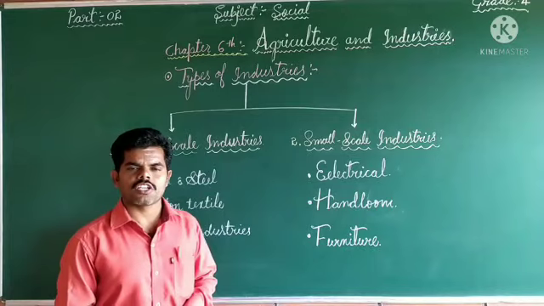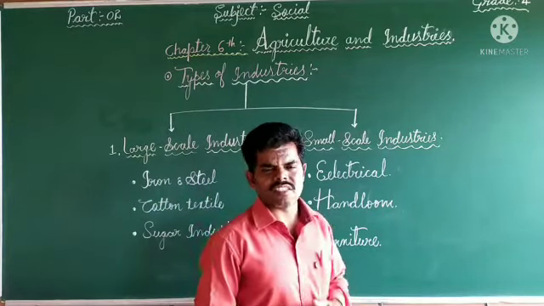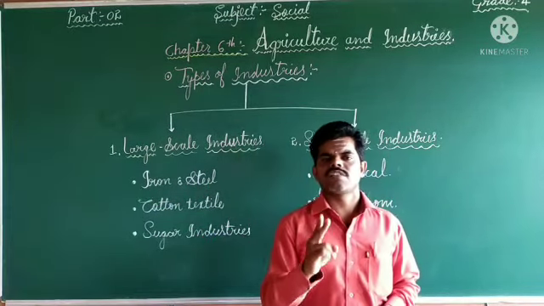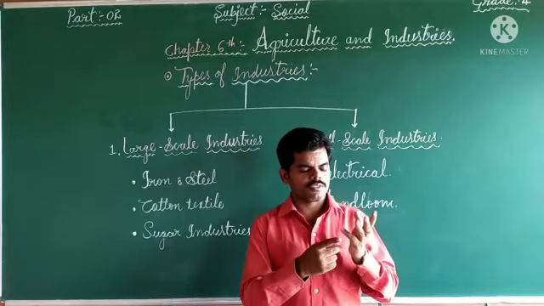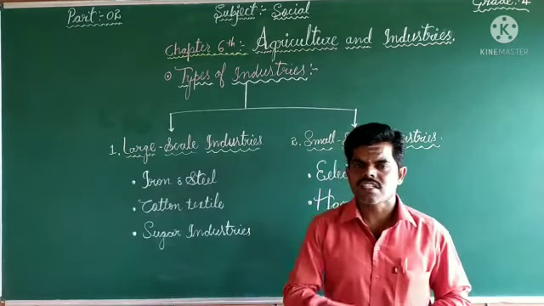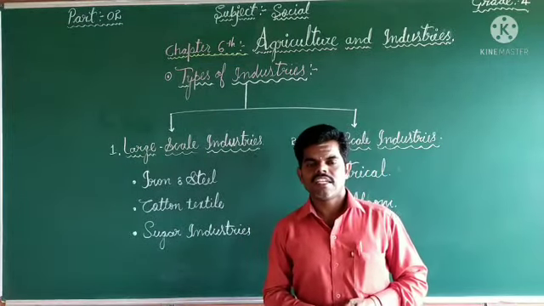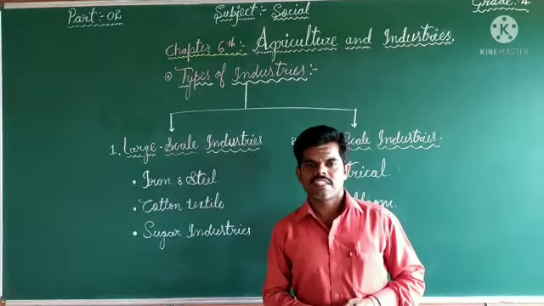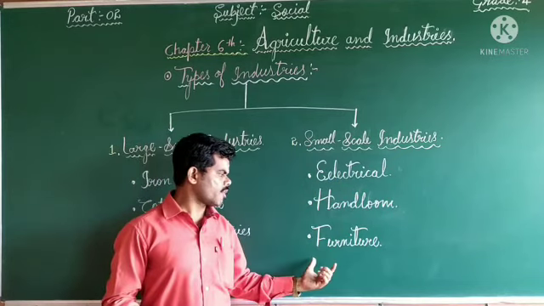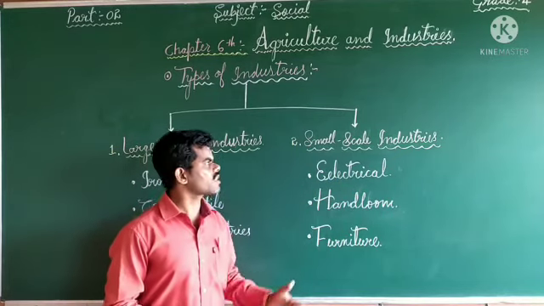Did you get the point, dear students? On the basis of size, we can classify 2 types. The first one is large scale industries and the second one is small scale industries. Examples of large scale industries: iron and steel, cotton textile and sugar industries. And examples of small scale industries are electrical, handloom and furniture.